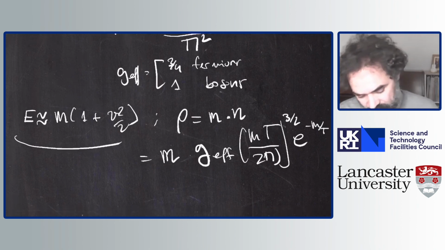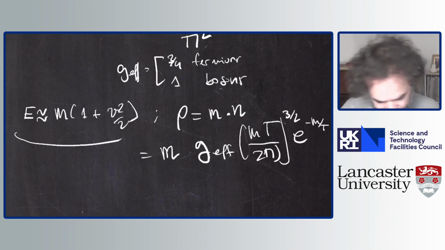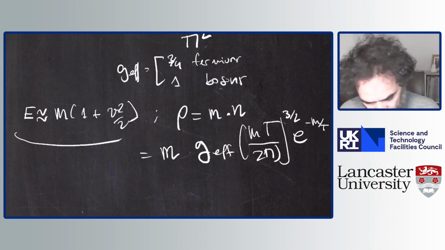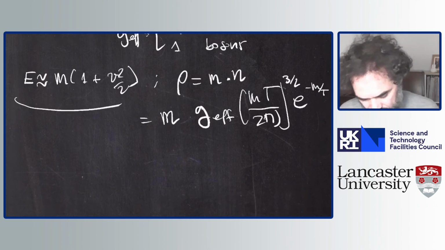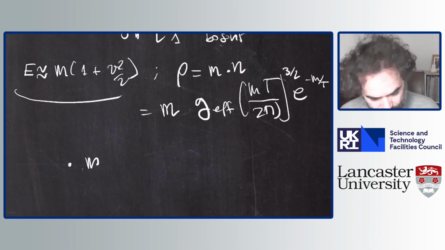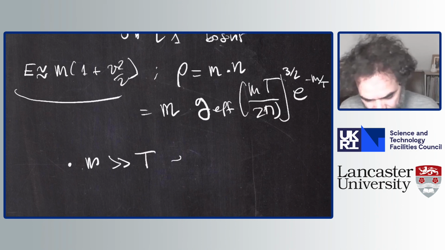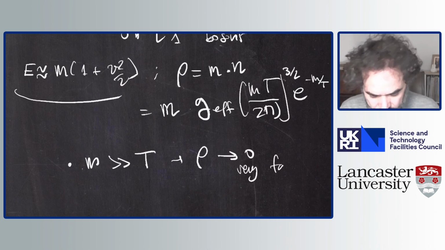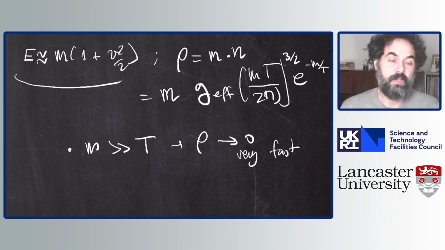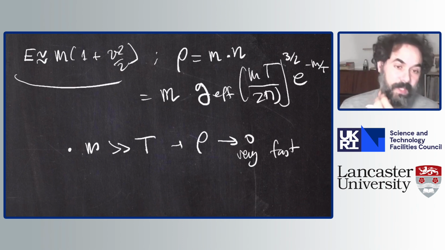So the typical energy density for m much bigger than T, rho goes to 0 very fast in equilibrium. Again, that means that if you are in equilibrium always in the history of the universe, all massive particles should disappear.